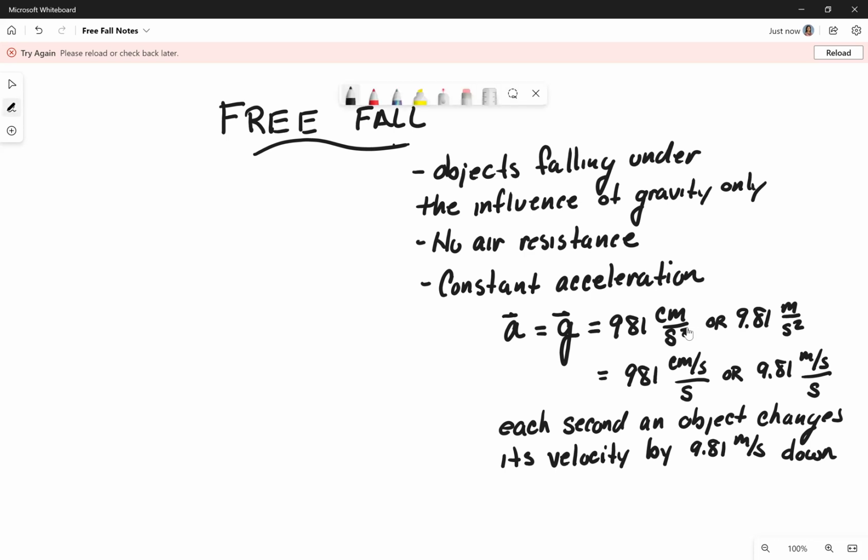So it's important to remember that these are vector quantities and the direction is down. It changes its velocity downward, in the negative direction.